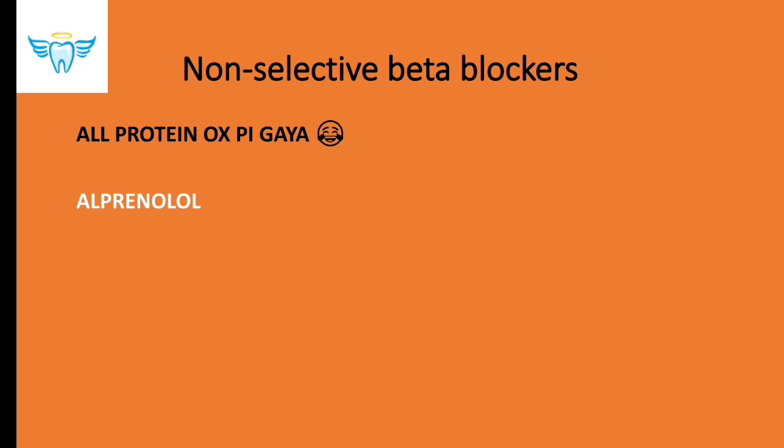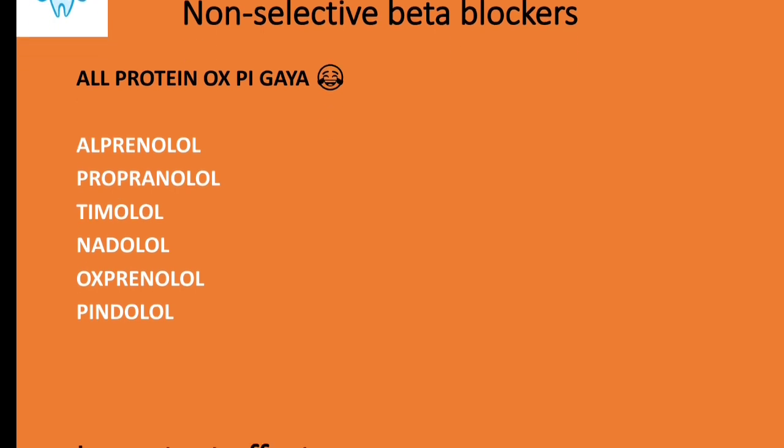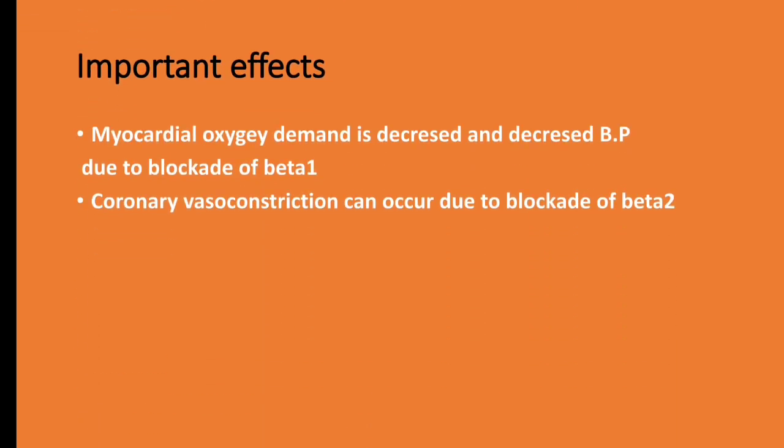From "All" we have alprenolol. "Protein", we have three drugs in this part, okay? So "Pro" says propranolol, "T" says timolol, and "N" says nadolol, then oxprenolol, and then pindolol, okay? So these six drugs are in the non-selective beta blockers, which is our first generation.